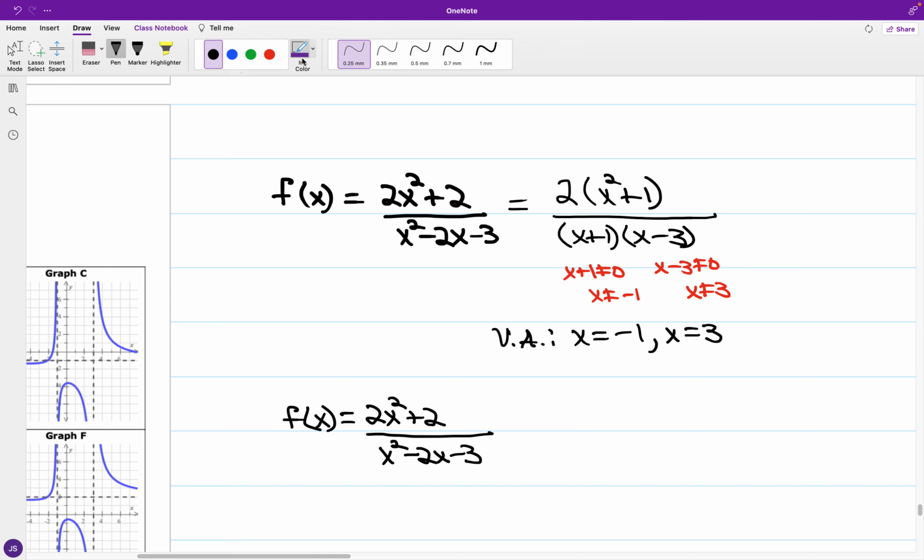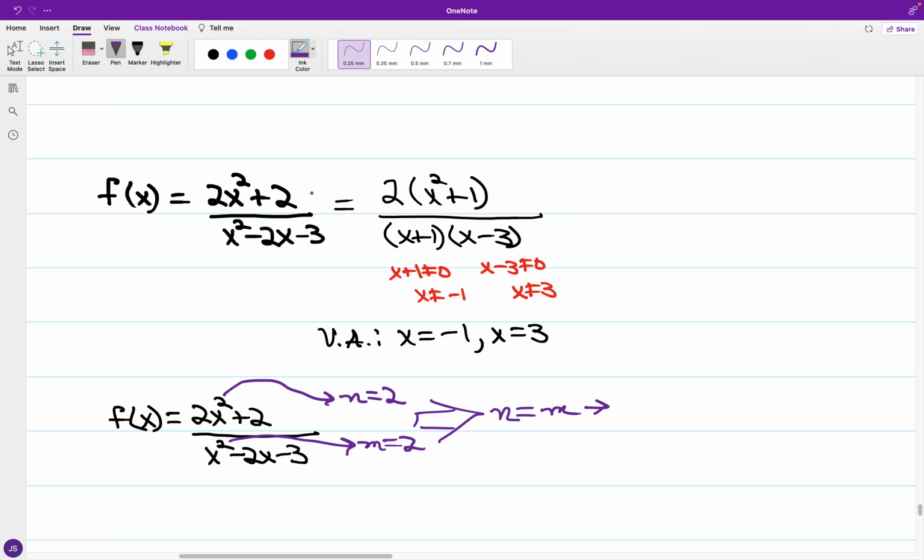For the numerator, we have the x squared, so n is equal to 2. I also have a second degree x in the denominator, so m is equal to 2. So n is at 2, m is at 2, and this time n is equal to m.